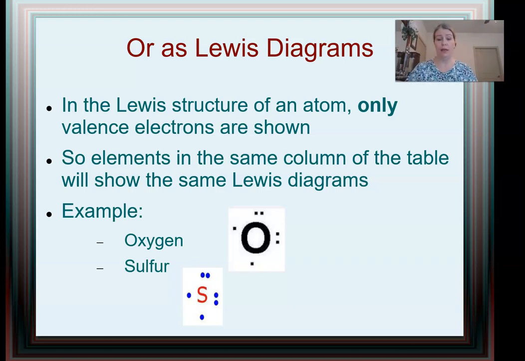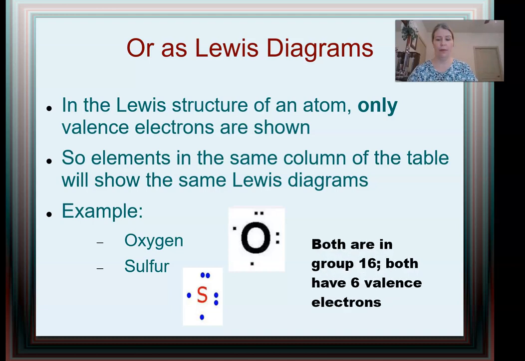You look, and both of these have 6 little dots around them in the same configuration. So actually this is really handy. This means if I know the Lewis dot diagrams of the second row of elements, I know the Lewis dot diagram of everything in the s and p block. Both are in group 16. Both have 6 valence electrons.